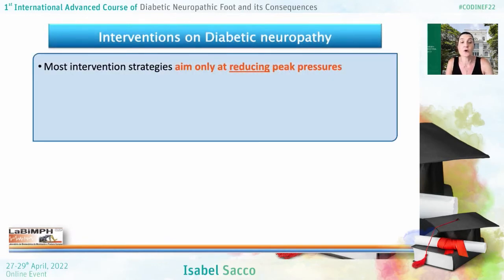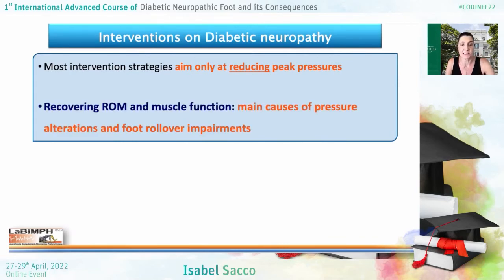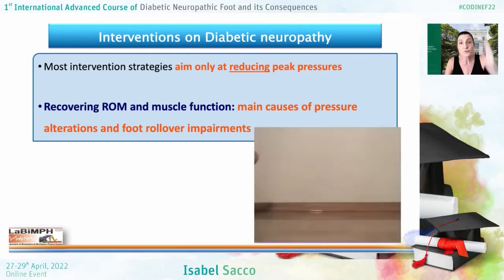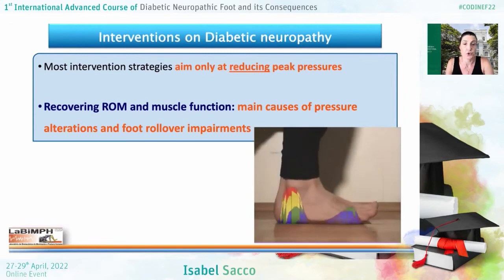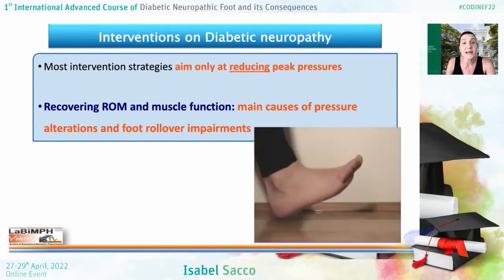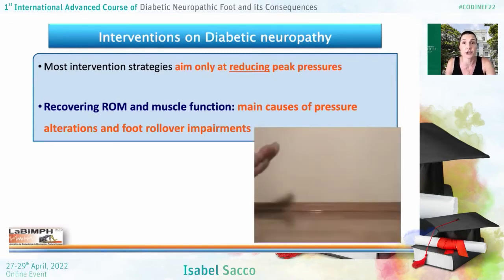If, instead of only focusing on passive solutions for reducing peak pressure, we implement more active strategies for recovering joint range of motion and muscle function, we could improve the foot rollover and redistribute the plantar pressure, which is the ultimate goal when aiming to avoid ulceration.